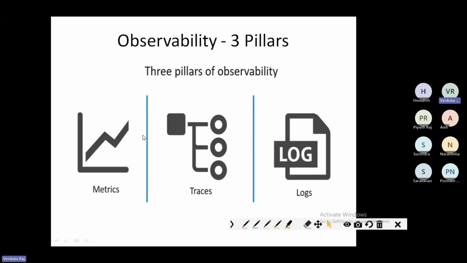So if your CPU utilization went beyond 60%, or 80%, memory utilization similarly, disk utilization similarly, network utilization similarly, or your response time, your throughput, your hits per second, these all are metrics.